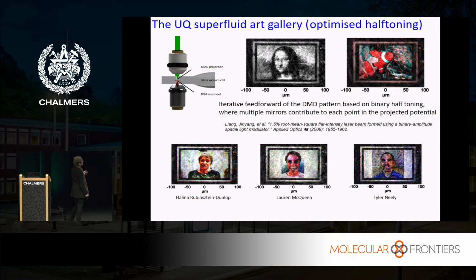But what is amazing here, and I draw your attention to it, is that although it looks grainy here, it really is an incredibly high resolution image. Because Mona Lisa's eye is of the order of 1 micron in size, and you can see that we can recognize that eye pretty well. So I think that it shows you that this method of creating potentials is pretty powerful.